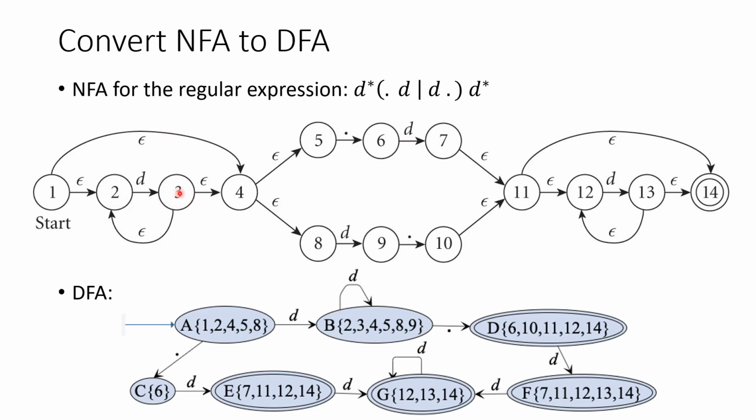Or from 3, we can go to state 4, then 5, then 8, also via epsilon arrows.